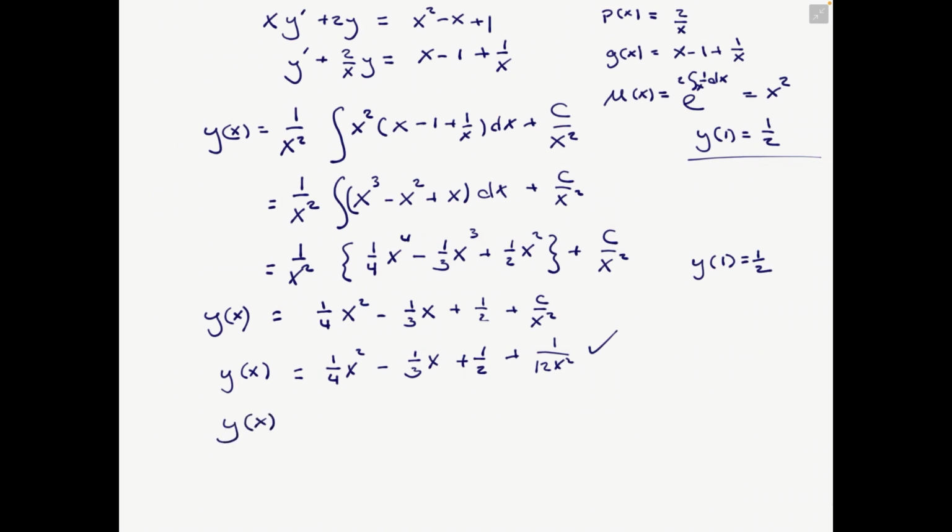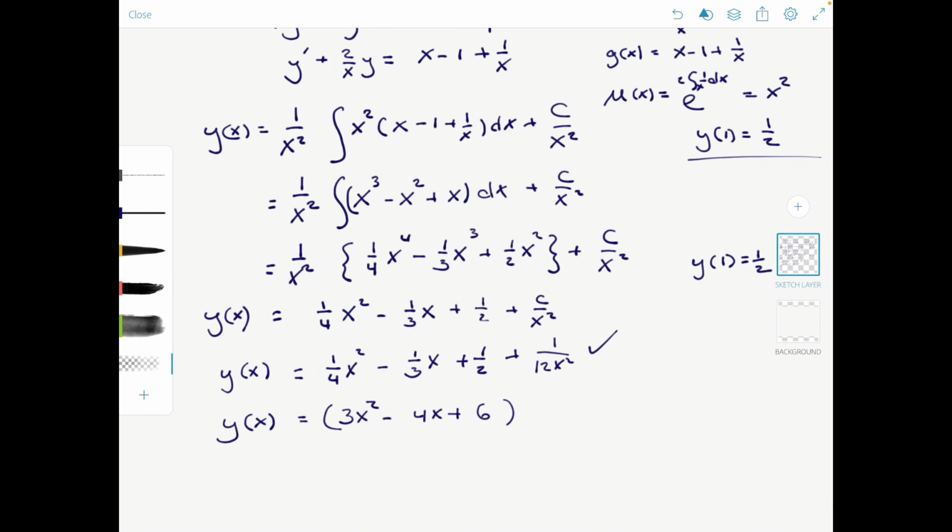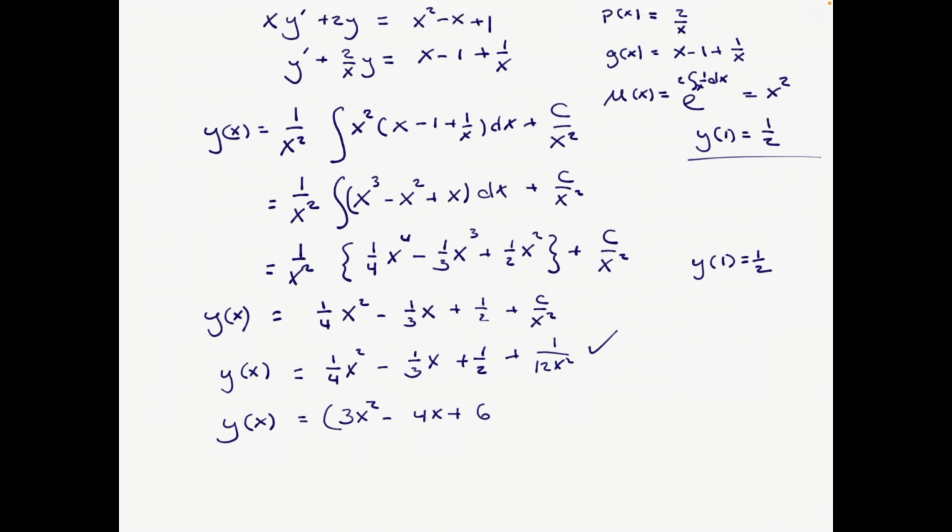Yeah, so what they did was this. They made this all over 12. So this is 3x squared minus 4x plus 6 on x squared, 1 on x squared, all on 12.